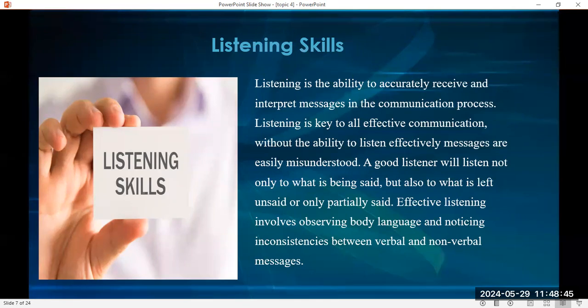And without the ability to listen effectively, messages are easily misunderstood. So a good listener will listen not only to what is being said, but also to what is left unsaid.